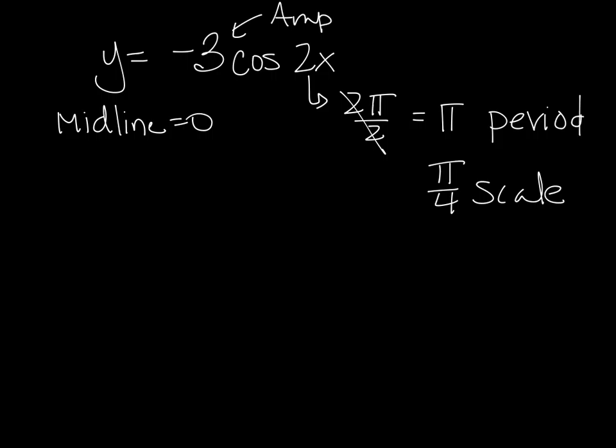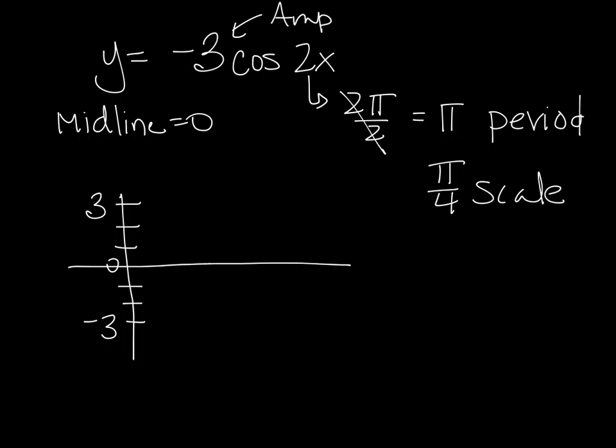Alright, so let's figure out what this x and y axis will be, and then we'll worry about that negative. Okay, this time the midline is 0, so I'm going to center the x-axis. My amplitude is 3, so I'm going to need 1, 2, 3 spaces above 0, and 1, 2, 3 spaces below 0.